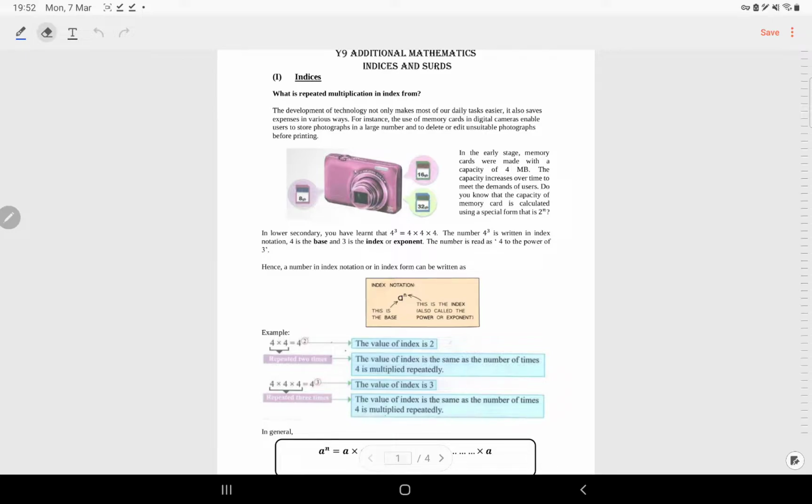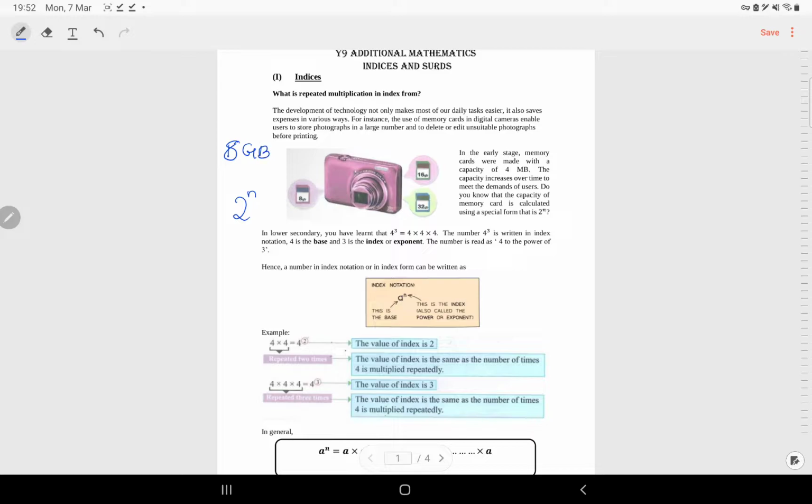Do you know that memory card capacity is actually calculated using a special form, that is 2 to the power n? It uses the calculation 2 to the power n, and that's where the indices comes in. For example, let's first talk about 8 gigabyte.